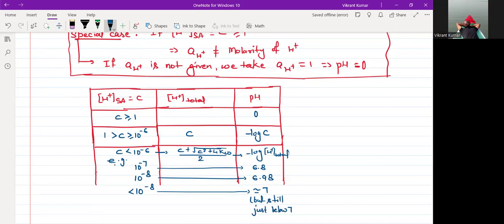These numbers are going to help you. Suppose they give 5 into 10⁻⁷, or 5 into 10⁻⁸, then we know some number between 6.8 and 6.98 should come. So in that way you can handle these numbers.